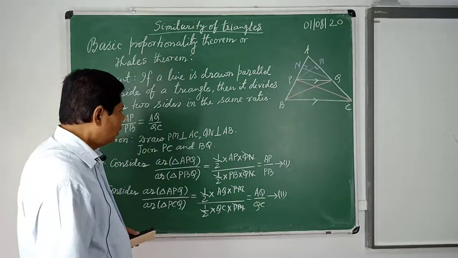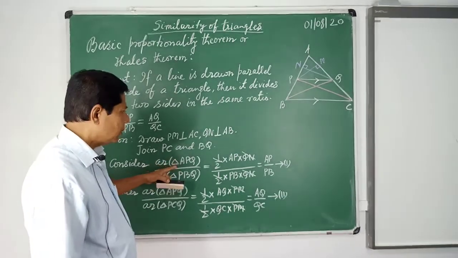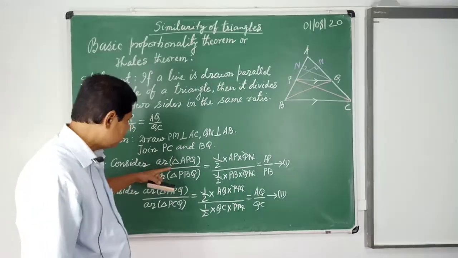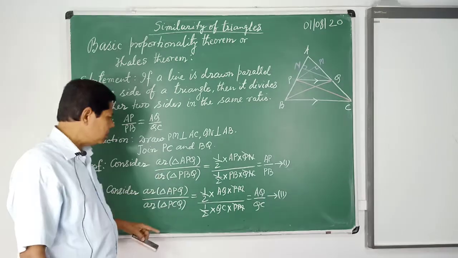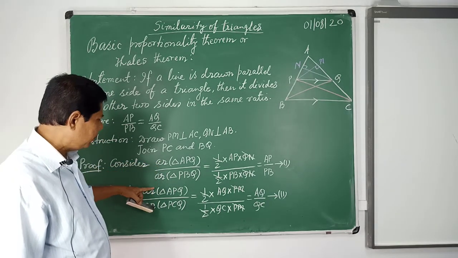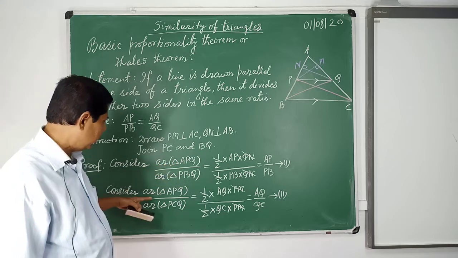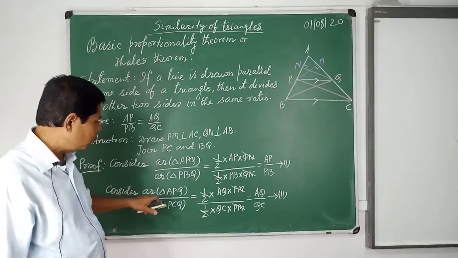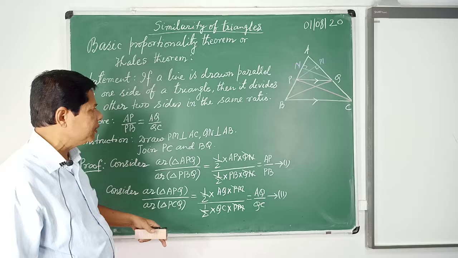Then if you observe the left hand side of these two equations, the numerators are representing the area of the two same triangles, area of APQ and area of APQ, but the denominators are area of PBQ and PCQ.